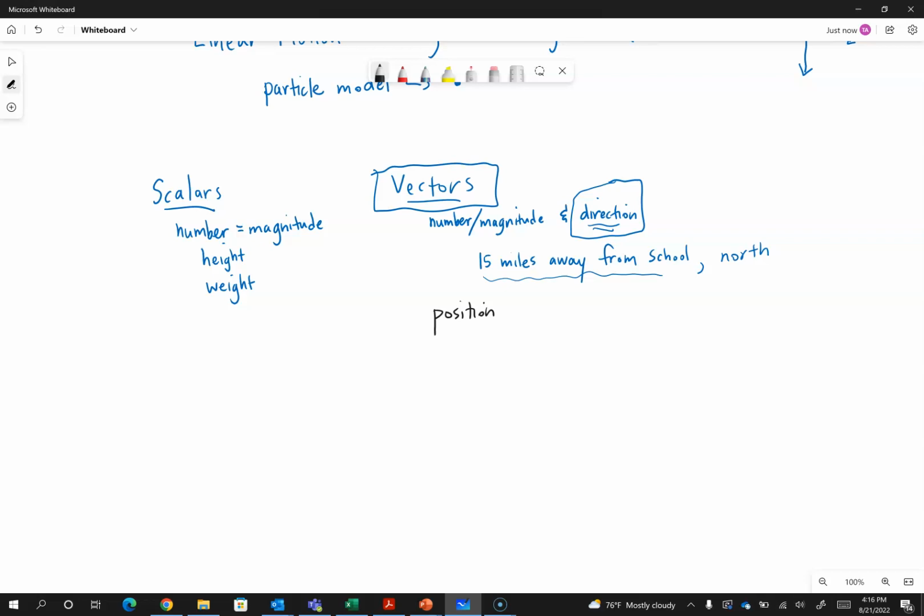So position in physics is how far away and what direction. Now, when we talk about directions, we always have to have some sort of origin to work with. The way I mentioned where I live, away from school, made school my origin.